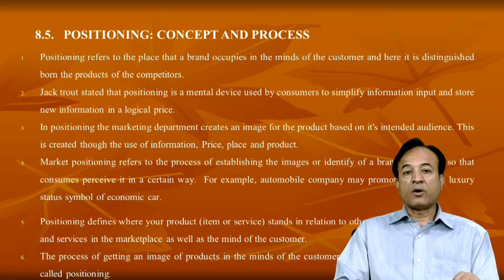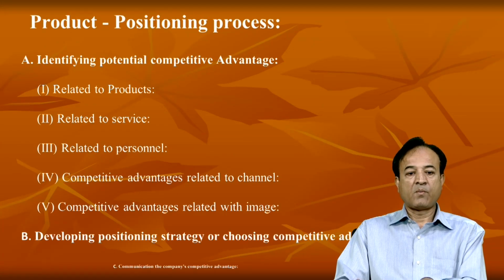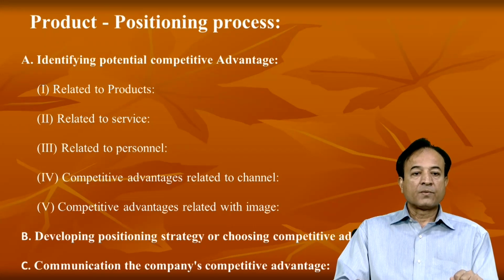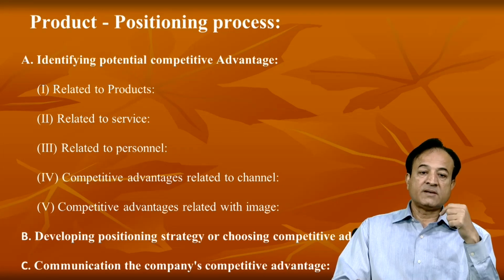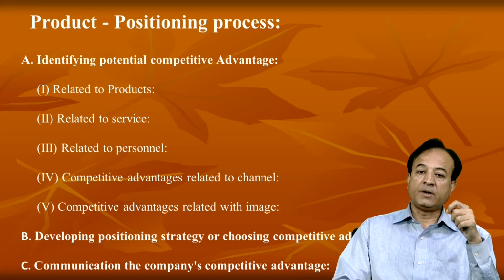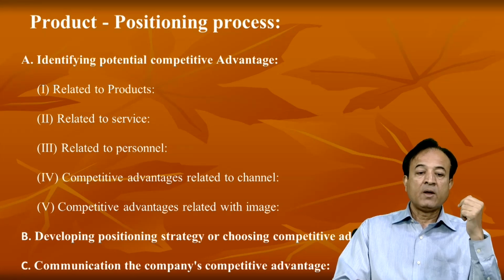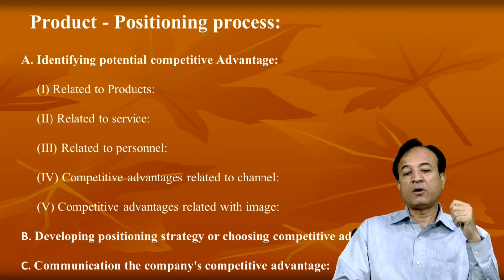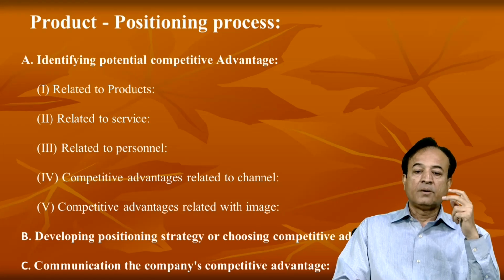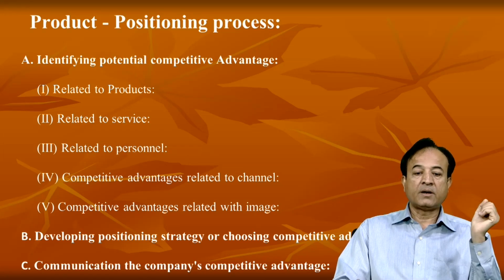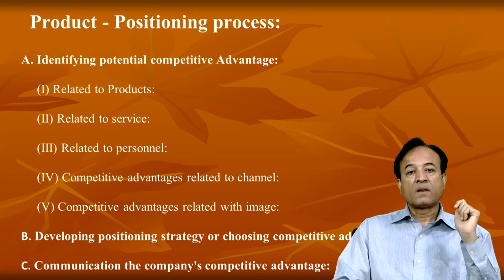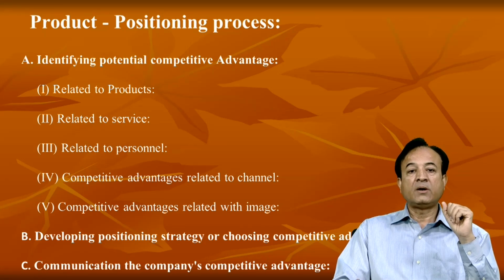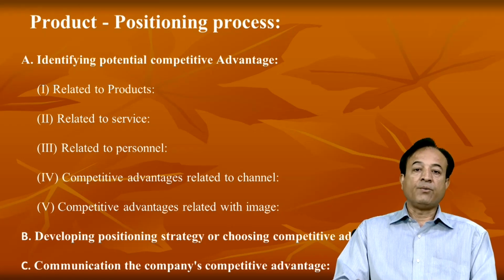Okay, now the product positioning process. First is identifying potential competitive advantage, second is developing a positioning strategy or choosing the competitive advantage, and third, communicate the company's competitive advantage. Okay, first we'll see identifying potential competitive advantage.